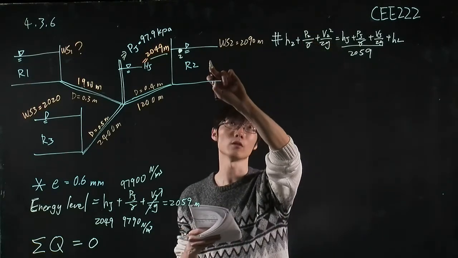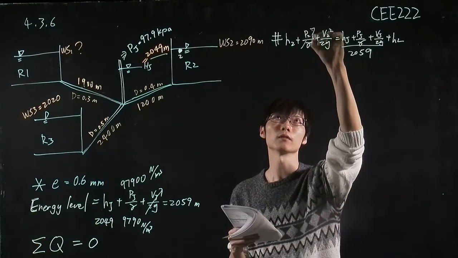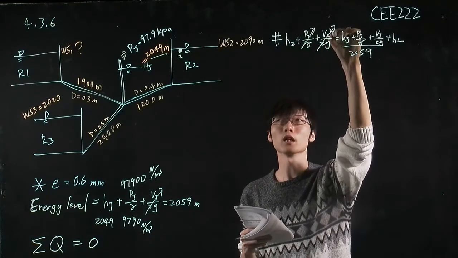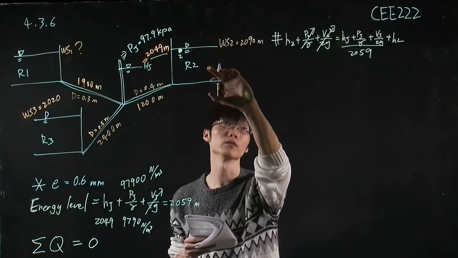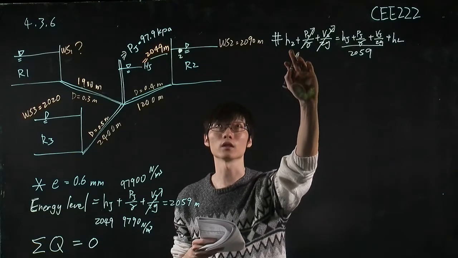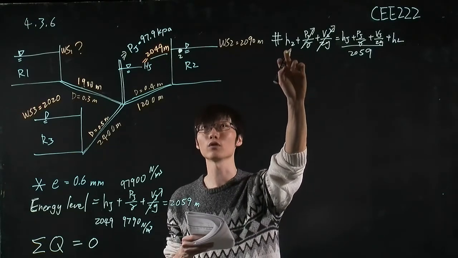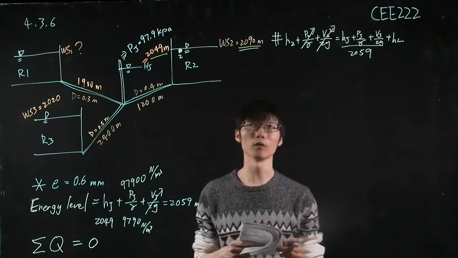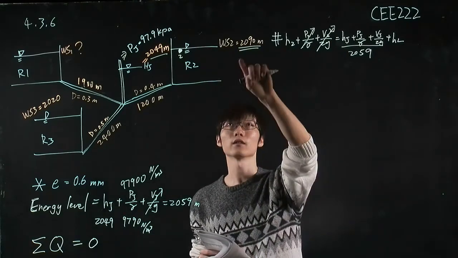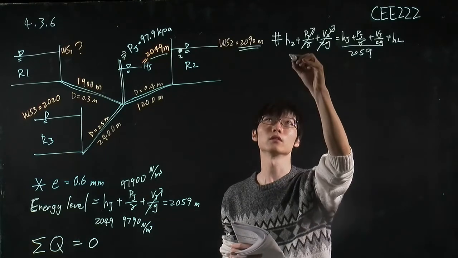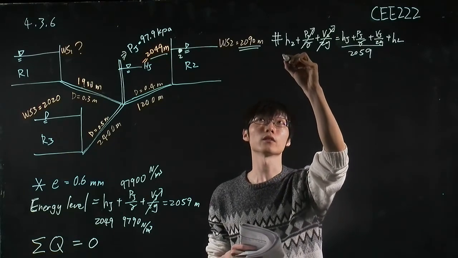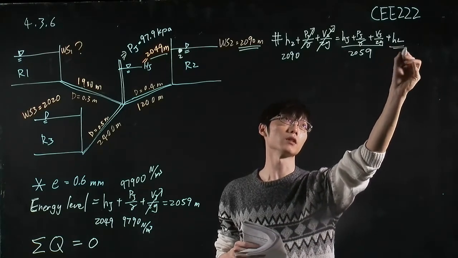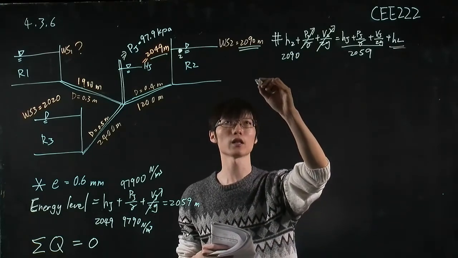Because this is an open reservoir, we don't have the pressure term, and also we don't have the velocity term at reservoir 2. So we only need to consider this H2. The H2 is equal to the water level from the data, which is 2090. Okay, so the only thing that we need to calculate is this head loss.